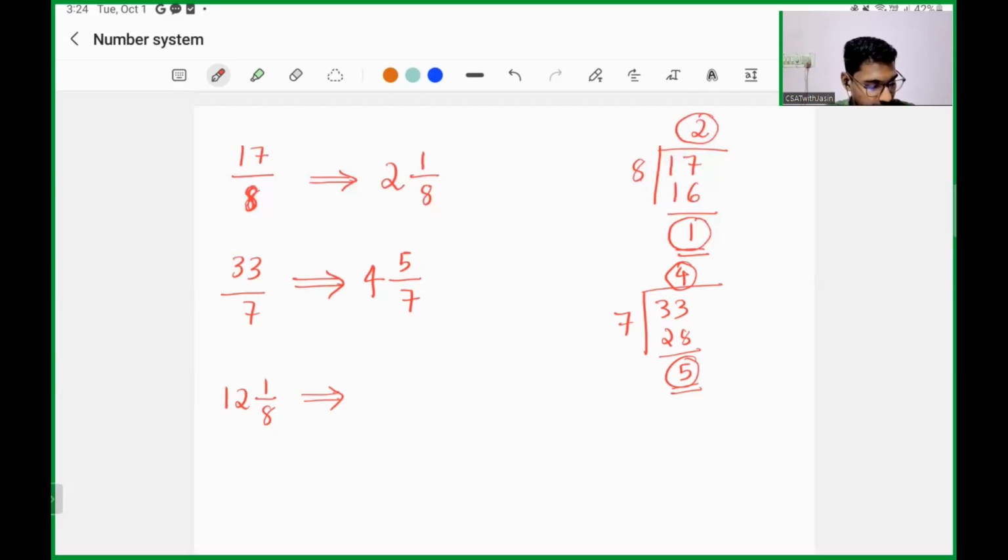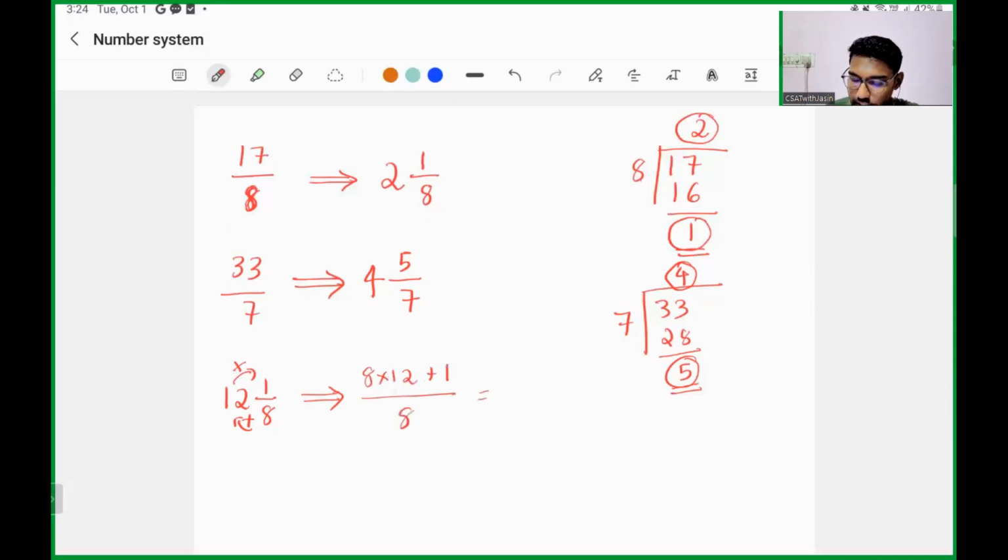So what you need to do, you need to do this clockwise. First you need to multiply, then you need to add. So that is 8 into 12 plus 1, divided by 8.